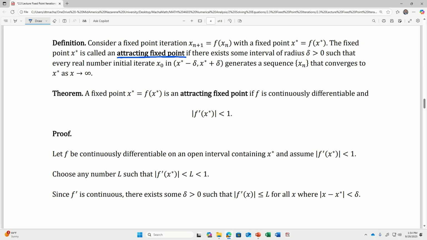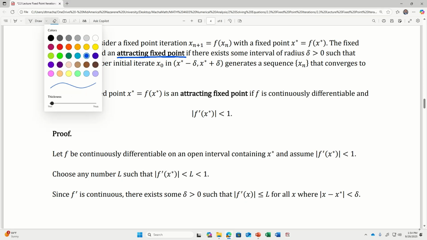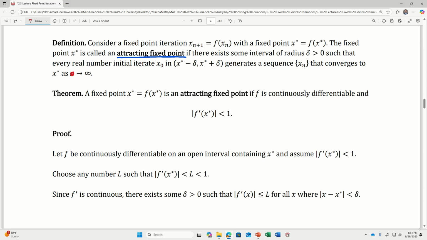And delta, like I said, could be big or small, but it just has to be a positive number, greater than 0, not 0, such that every real number initial iterate inside that interval we're talking about generates a sequence that converges to the fixed point as n approaches infinity.